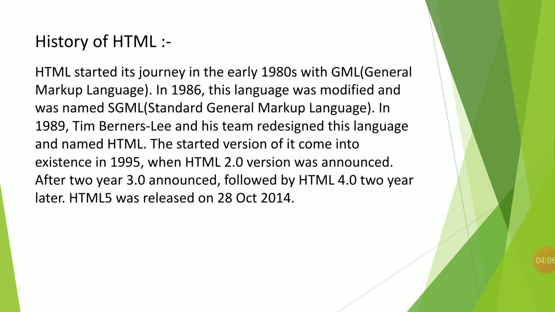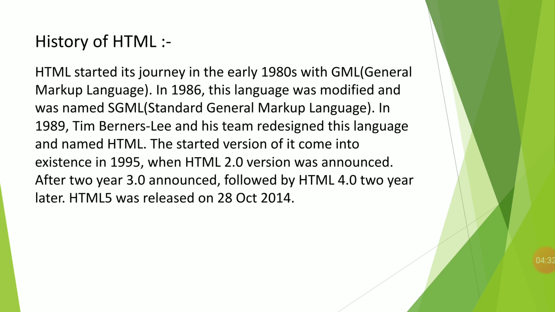After 2 years, the 3.0 version came into the picture. After this, we got 4.0 after 2 years. Now currently we have HTML5, which was released on 28th of October 2014.